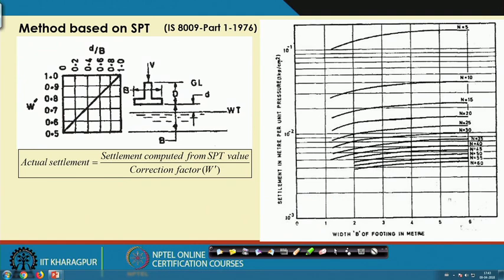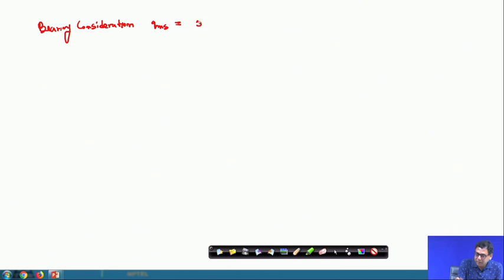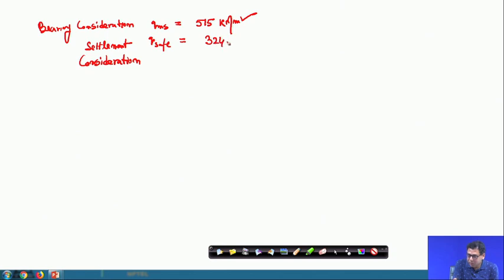So, for this problem, for the bearing consideration, Q net safe is 515 kilonewton per meter square, and Q safe for settlement consideration is coming out to be 324.7 kilonewton per meter square.